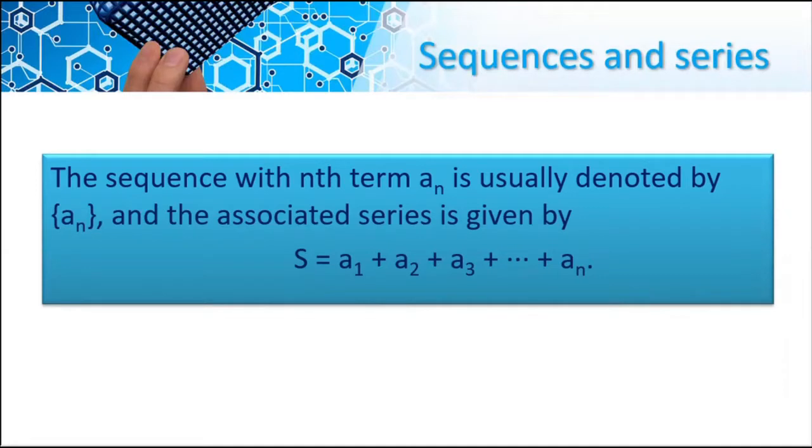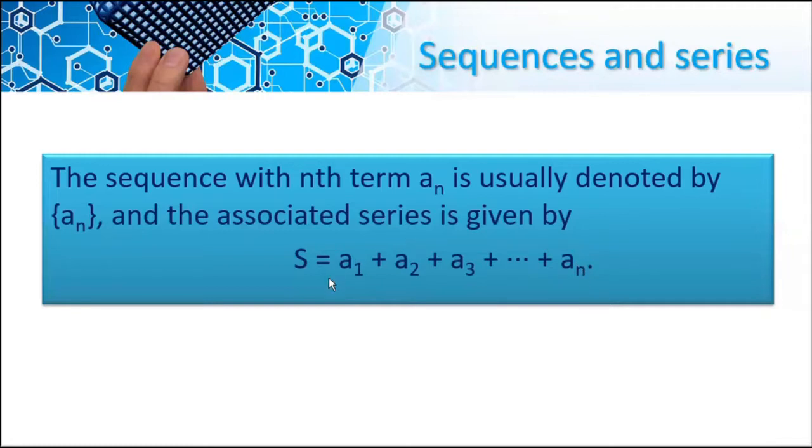So the sequence with nth term, we use a notation a sub n, is usually denoted by the set of a sub n, and the associated series is given by, we use capital S equals a sub 1, referring to the first term, plus a sub 2, the second term, plus a sub 3, the third term, plus and so on up to the last term.